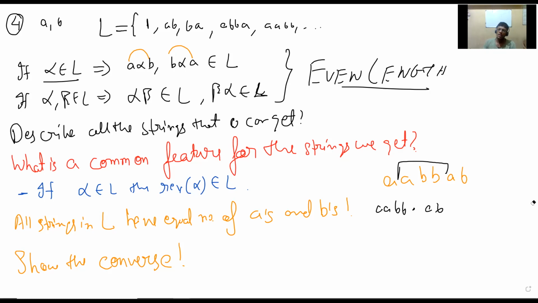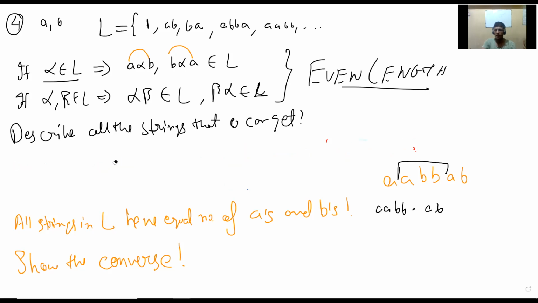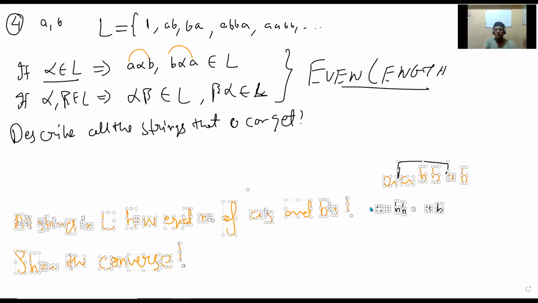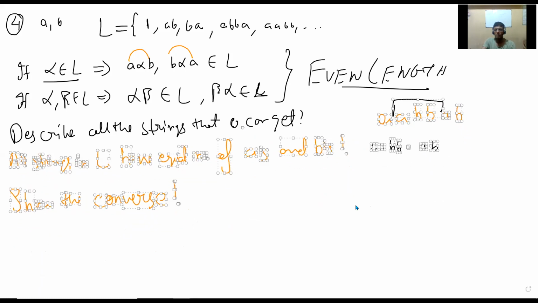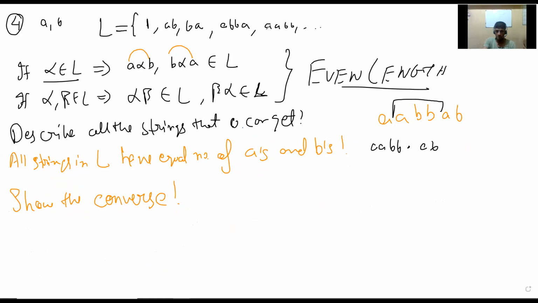So try to use induction, try to assume that for length till length k, you can do it, and for higher lengths, try to prove. So assume strings of length less than 2n.